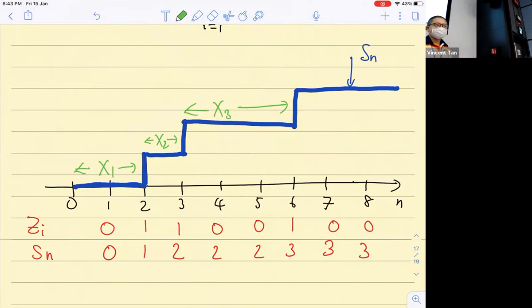So we started off with the Z random variables, then we have the S random variables, and then we created another set of random variables, which are the X random variables. These Xi's are known as the inter-arrival times.